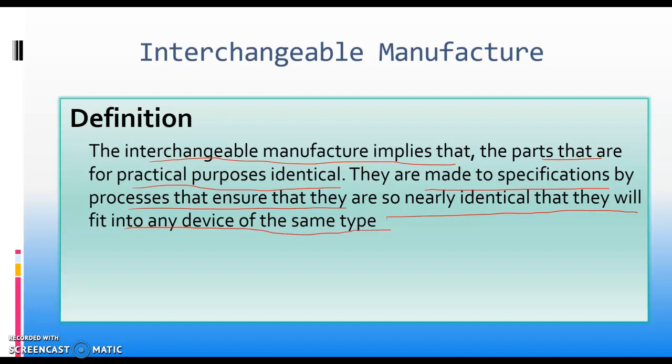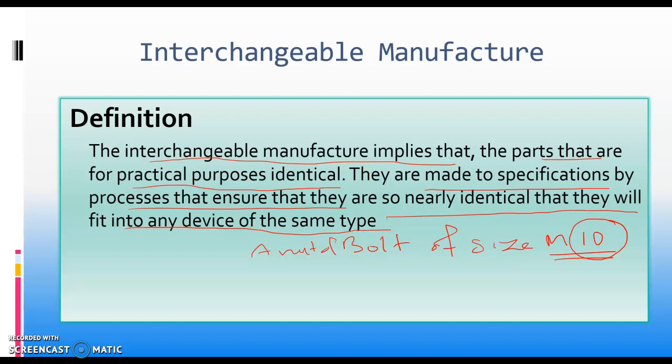For example, we consider a nut and bolt of size M10. We know that M10 means it is a metric standard thread, and 10 means the major diameter of the thread is 10 millimeter.